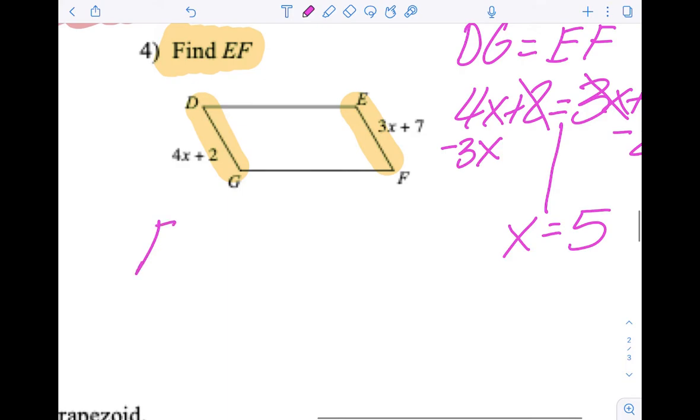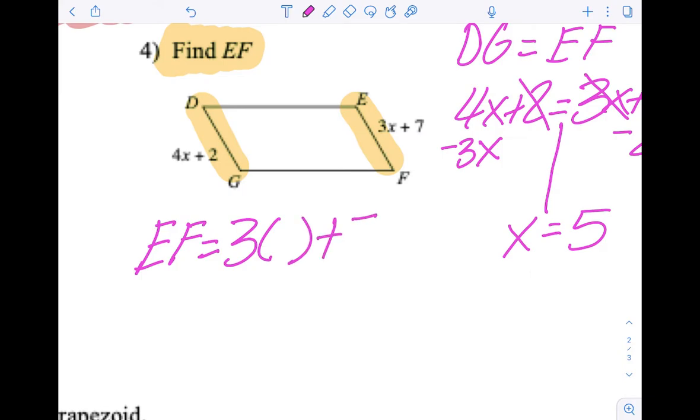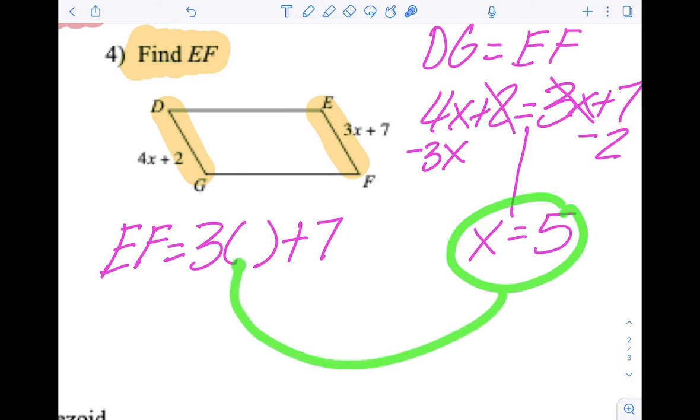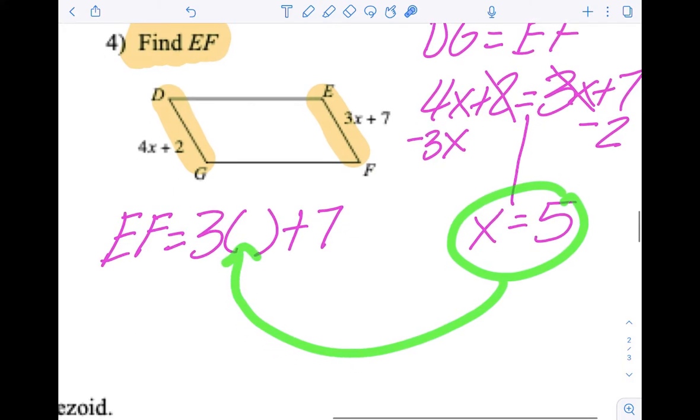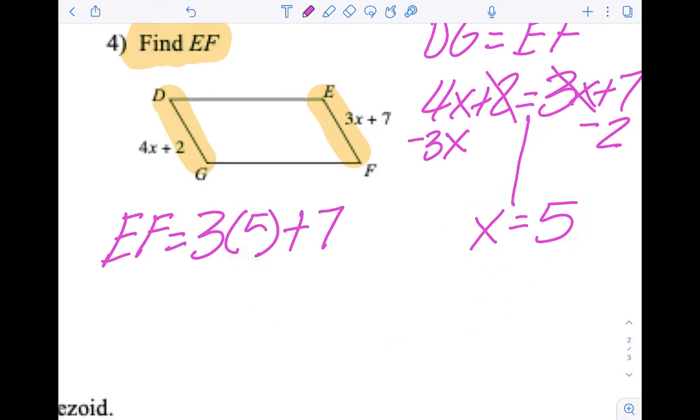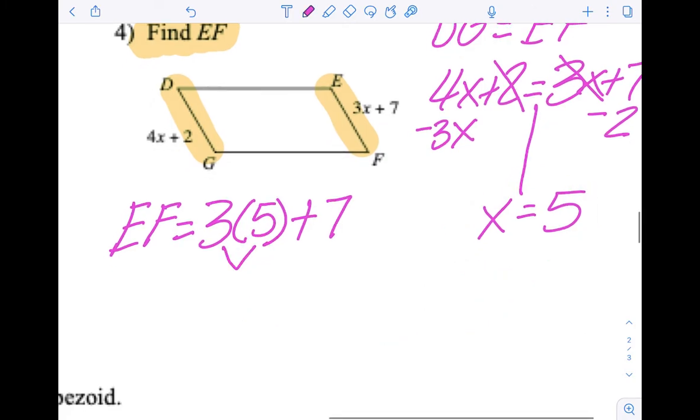So over here, I'm going to say EF is equal to 3, x in parentheses, plus 7. I put x in parentheses because I know x is going to go right in there, which happens to be 5. So 5 goes in there. 3 times 5 is 15, plus 7.